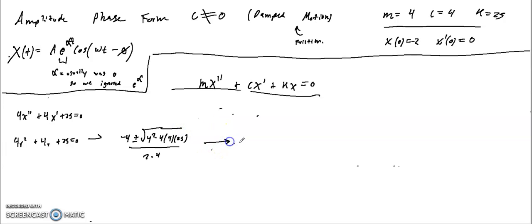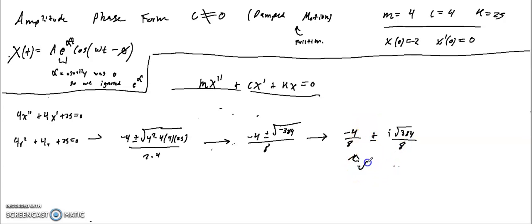And this ends up equaling negative 4 over 8 plus or minus i square root of 384 over 8. So our alpha is just negative 1/2, and our beta equals radical 384 over 8. And this also equals omega.